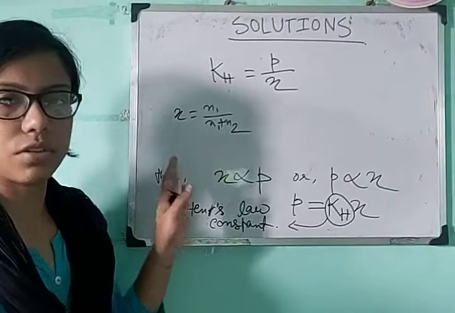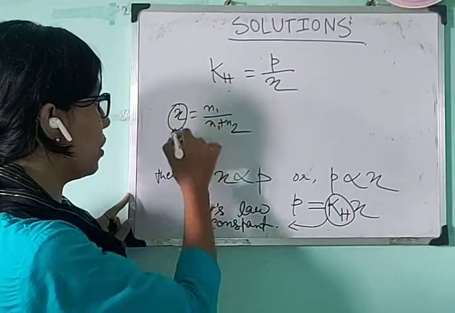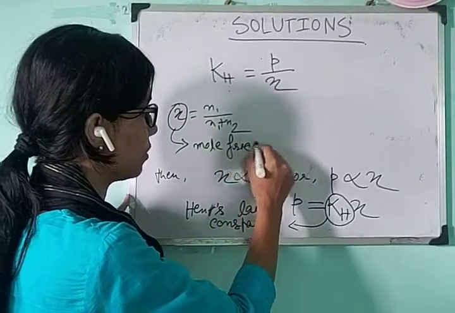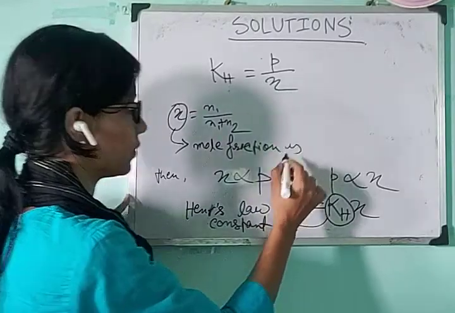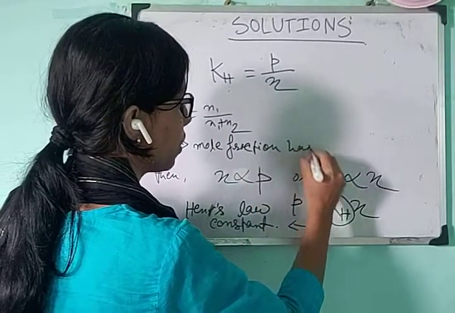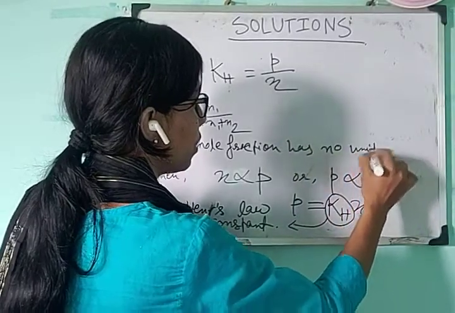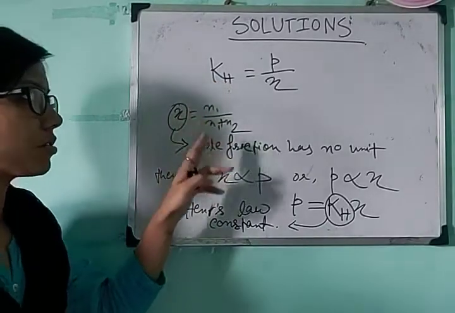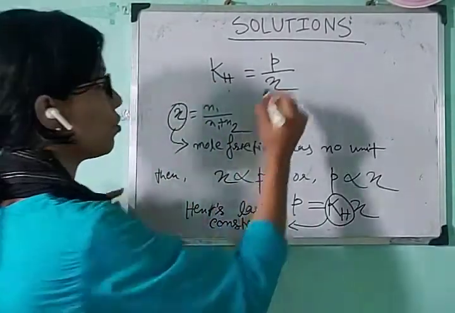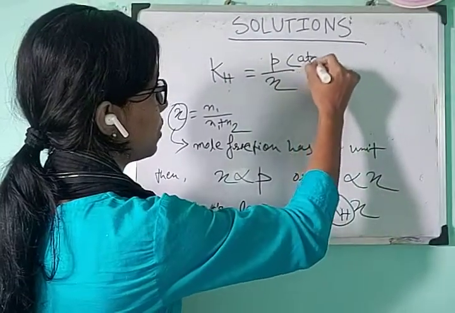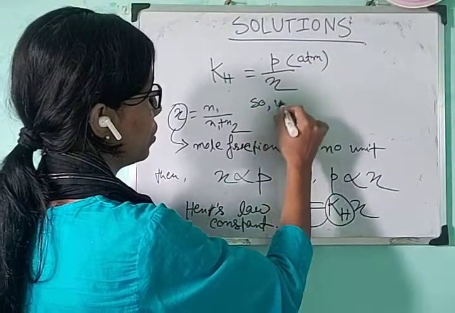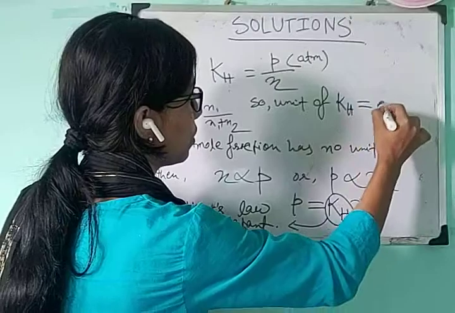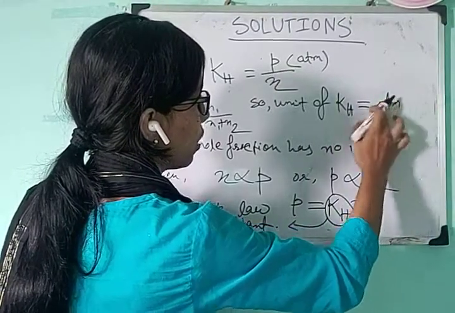That is a ratio, so it is unitless, it has no unit. But pressure has a unit, suppose atmosphere. So the unit of Henry's law constant is equal to the unit of pressure. If I write the pressure unit as atmosphere, the unit of Kh, Henry's law constant, will also be atmosphere.